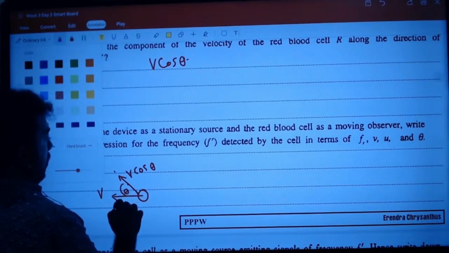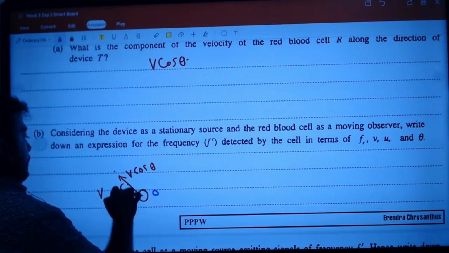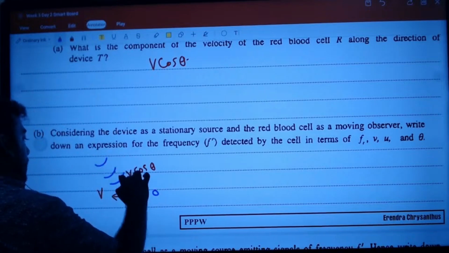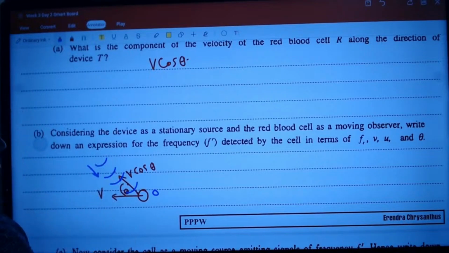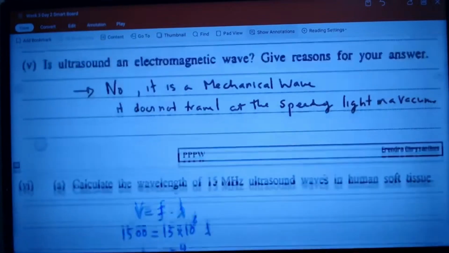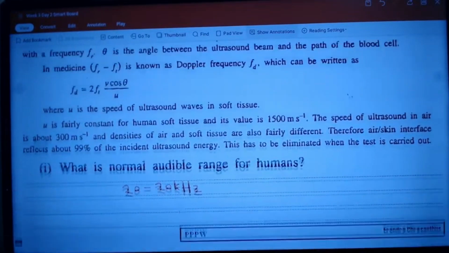Sound will come and knock on this. Sound is traveling with a velocity; the velocity of sound is given in symbol form, so use that same symbol.